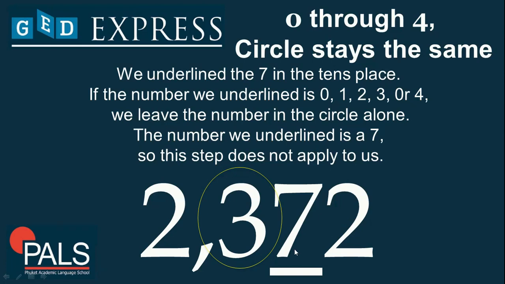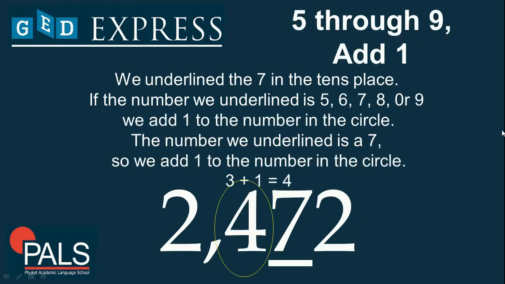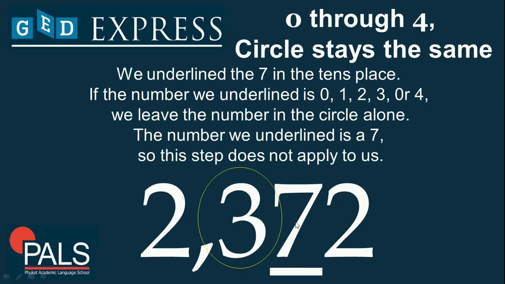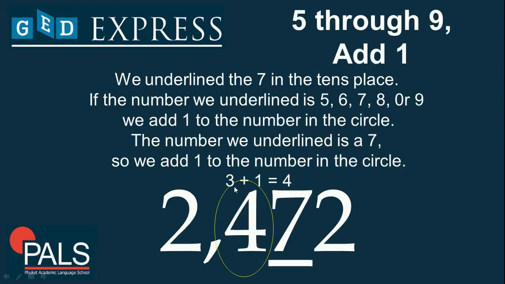Now in this case, we are not considering staying 3 in its original form, but we're going to add 1 to 3 to make it 4. And we have here still the numbers, which are 7 and 2.